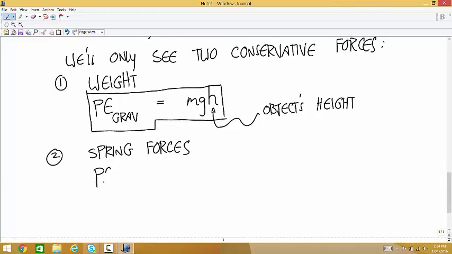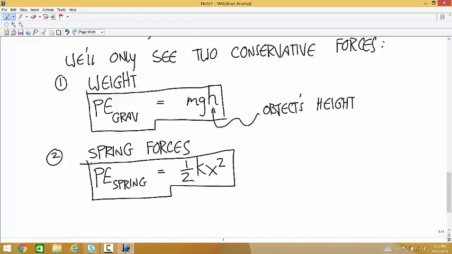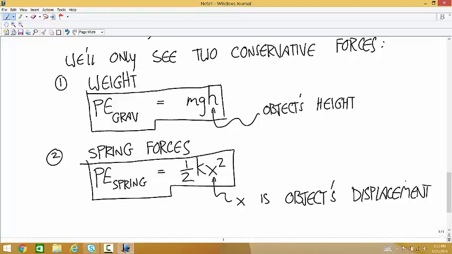So the spring potential energy is 1/2 kx squared, where x is the object's displacement from the spring's resting length.